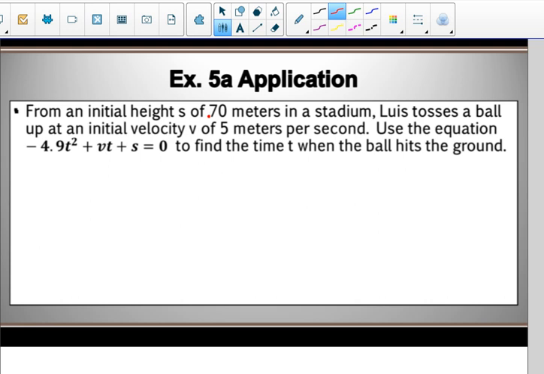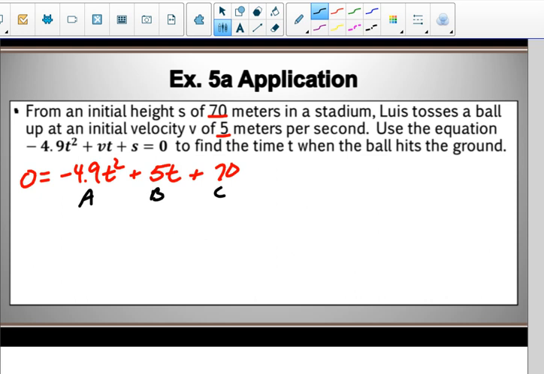So I need to substitute 70 and 5 into my equation. So h, the height, equals negative 4.9 t squared plus velocity is 5 meters per second, so 5t plus s, starting height is 70. Okay, so this is all going to equal 0. So instead of the h, I'm just going to put it as equal to 0. This is our a, this is our b, this is our c.